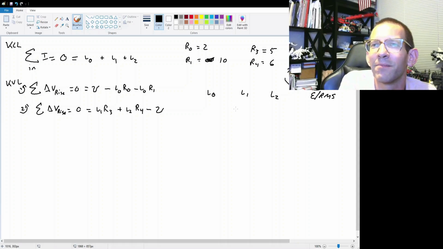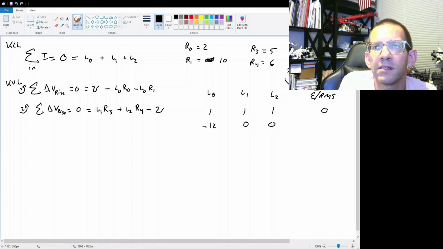I think we get into that, but anyways, for our first equation in the system, all of them are 1, equal to 0 volts, or now this one would be current. Then go ahead and rearrange this. This is going to be negative R0 minus R1, which would be minus 2 minus 10, which would be minus 12. And then that's it.